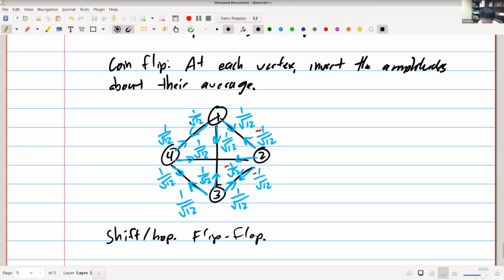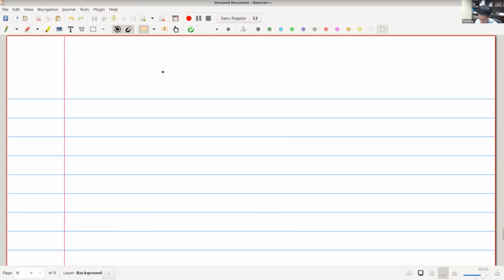Similarly, these 2 amplitudes will swap, but since they're the same value, basically nothing happens. This pair will swap, and this pair, and this pair. So the amplitudes jump and then turn around. What we end up getting as a result is the following. I'll copy and paste. Oh, new page.